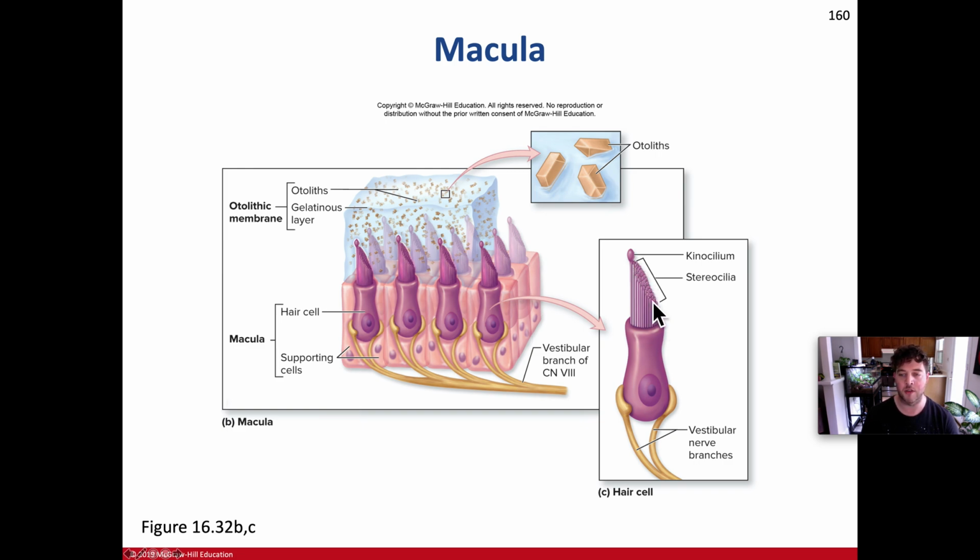You see they're kind of angled here, so they can pull and shift with this gel membrane. Into the macula portion of it, you have your supporting cells surrounding the hair cells, and then the vestibular branch of the vestibulocochlear nerve wrapped around those receptor cells, all gathering together.